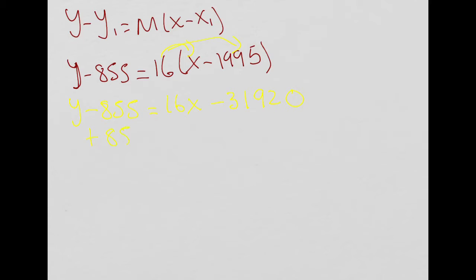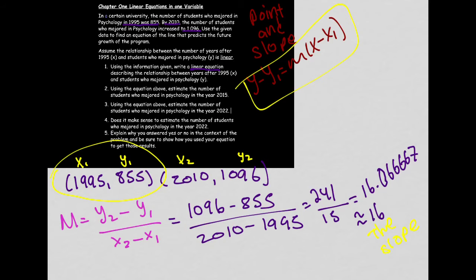I'm going to add the 855 to both sides. This cancels. Y equals 16x. Subtract those 2 numbers. Gives you negative 31,065. Now we have our linear equation. We found the linear equation.